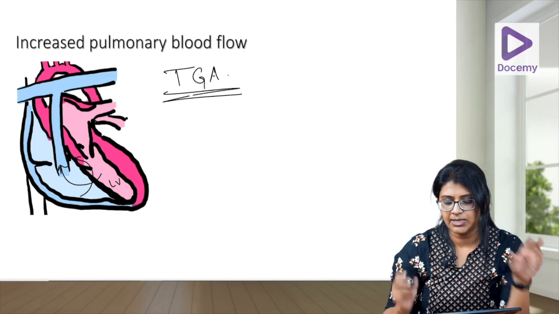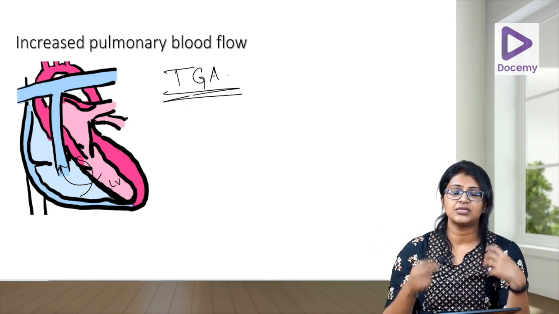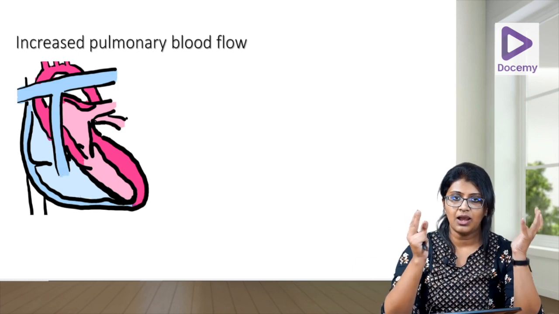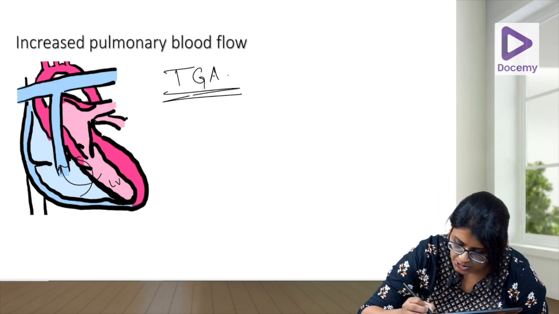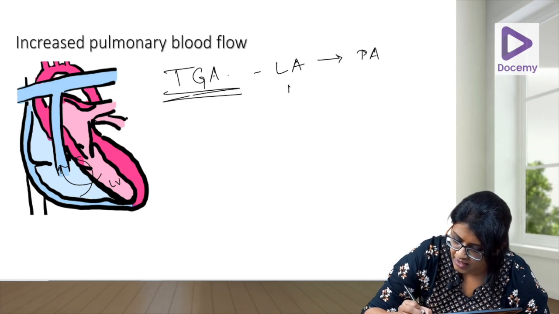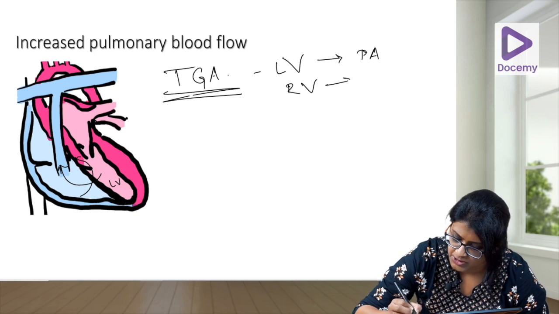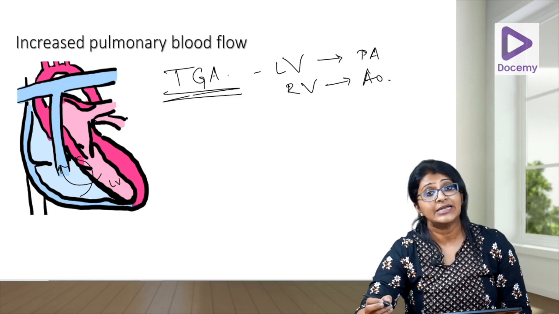So just picture this, your LV now drains all of the blood that's coming from the lungs and goes straight back into the lungs. So LV drains into pulmonary artery and RV drains into aorta. So this is the TGA.